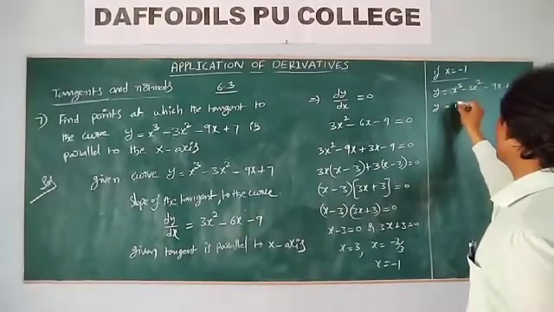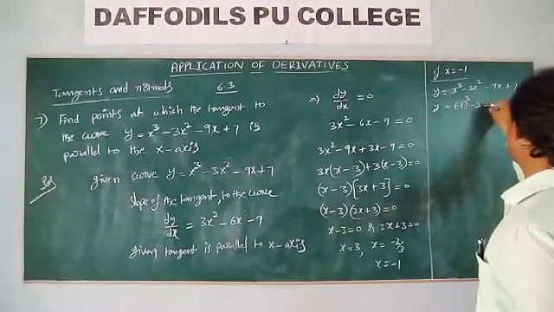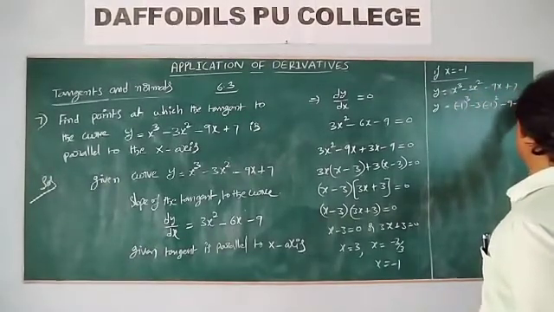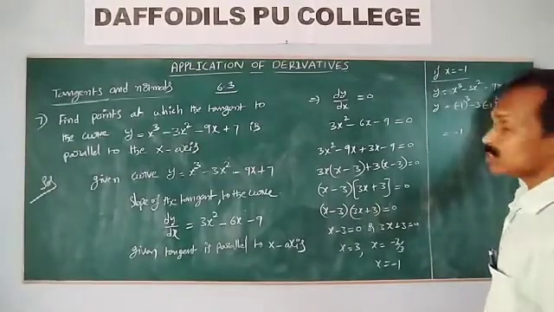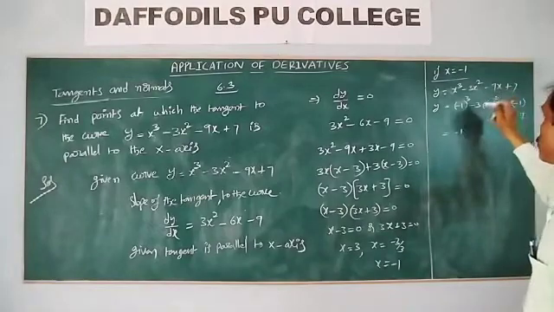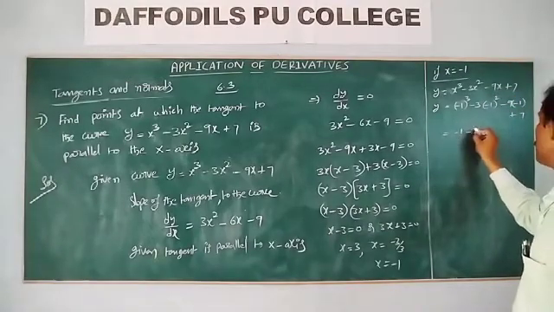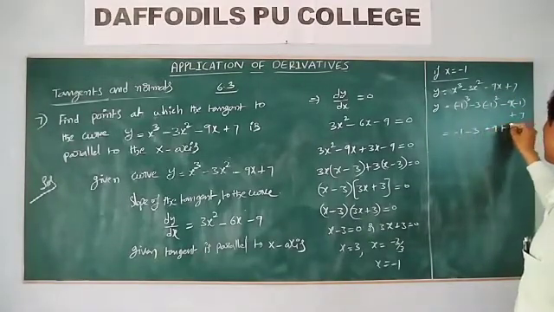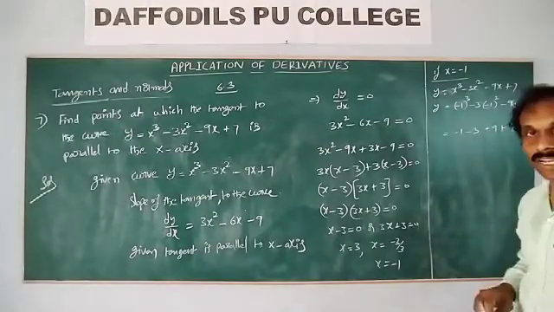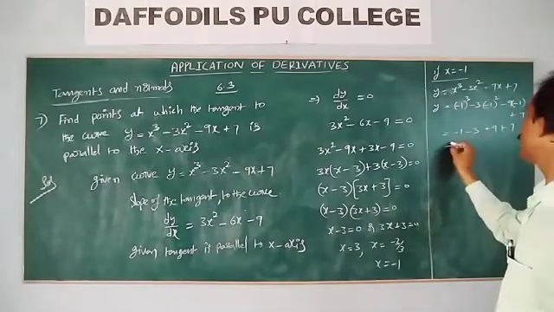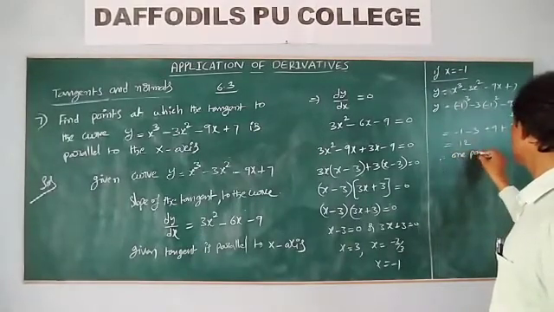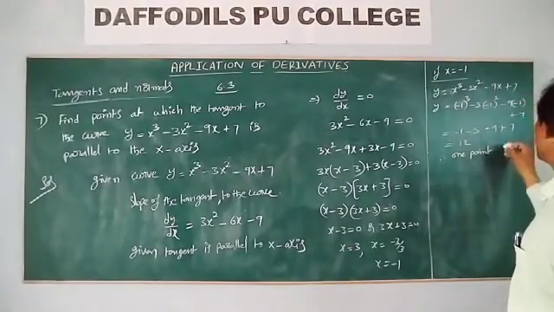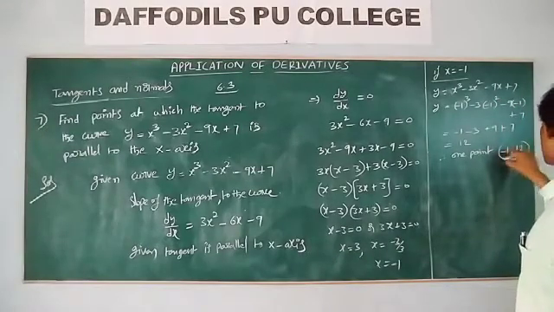Therefore, minus 1 whole cube minus 3 into minus 1 whole square minus 9 into minus 1 plus 7. That implies minus 1 minus 3 plus 9 plus 7, 9 plus 7, 16, 16 minus 4, 12. Therefore, one point is minus 1 comma 12.